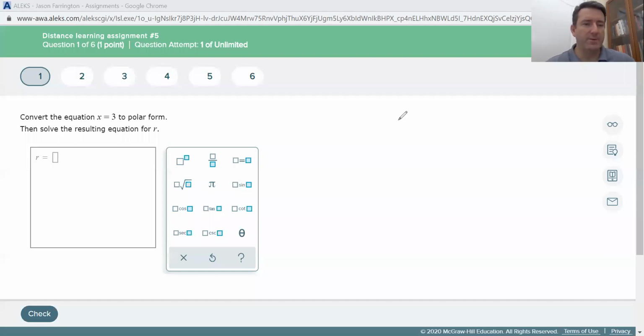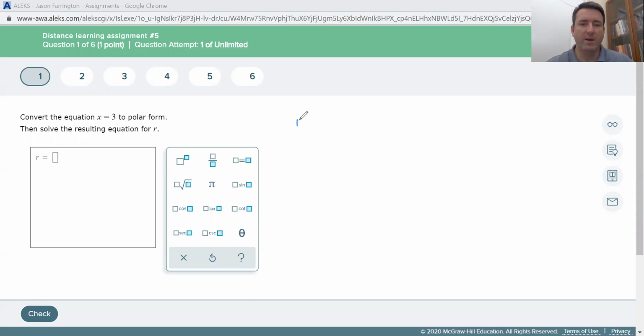All right, let's work our way through assignment number 5. So question number 1 says, convert the equation x equals 3 to polar form, then solve the resulting equation for r. So when converting from a rectangular form to polar form, we're going to want to replace our x with r cosine theta.